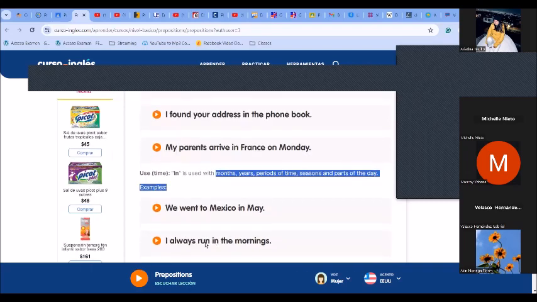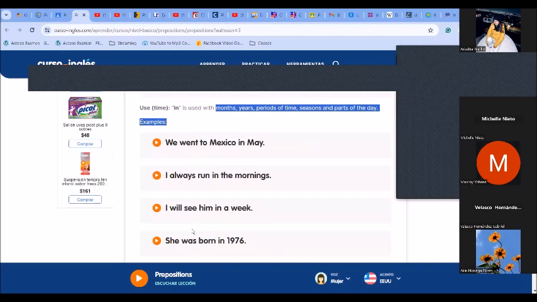All right, continue, Adi. In is used with months, years, periods of time, seasons, and parts of the day. Examples: we went to Mexico in May. I always run in the mornings. I will see him in a week. She was born in 1976.